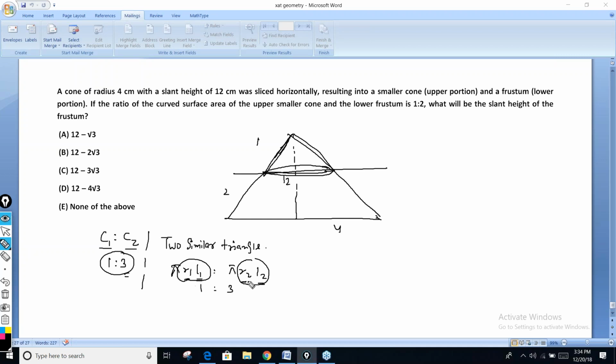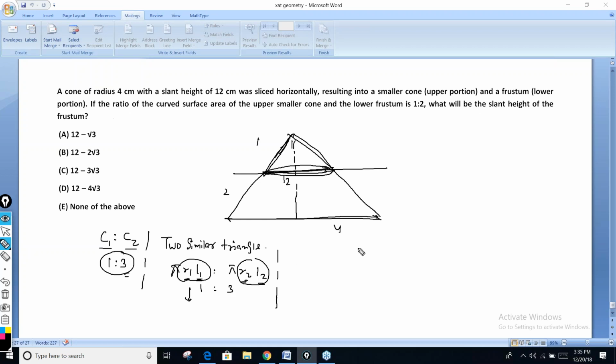That will also be in the ratio of 1 is to 3, right? Radius is squared, I can take it.